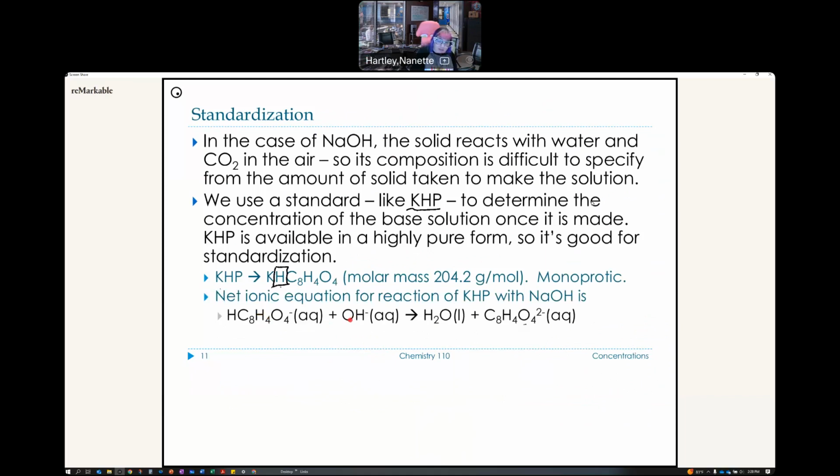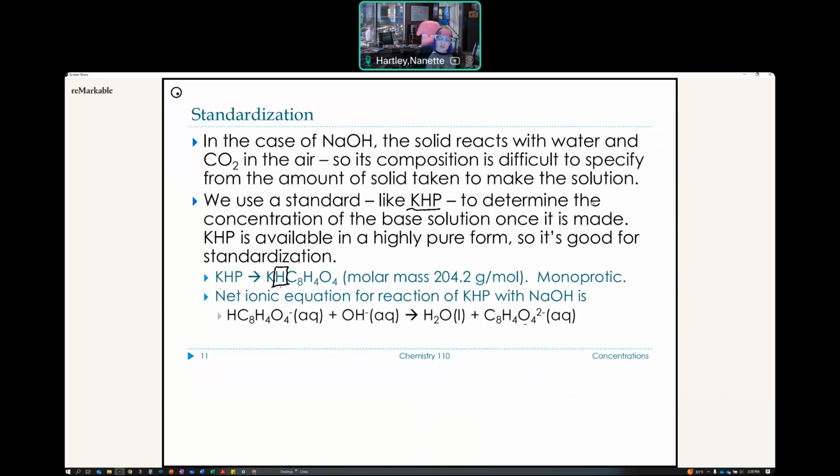So neither one of them is included. That H is right here. So we yank that H off of here, it goes to the OH right here, that makes the H2O. And then this thing that we're calling a P is right there. Right? That's what that looks like. So we're calling it P. And it's called P because it's phthalate. That's what they call it, is phthalate.